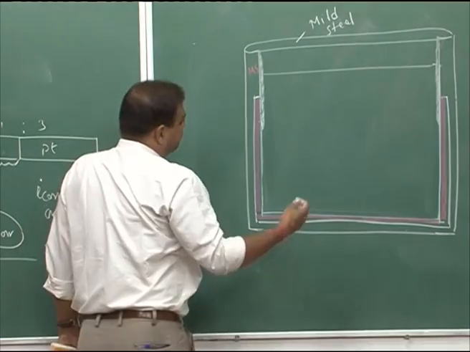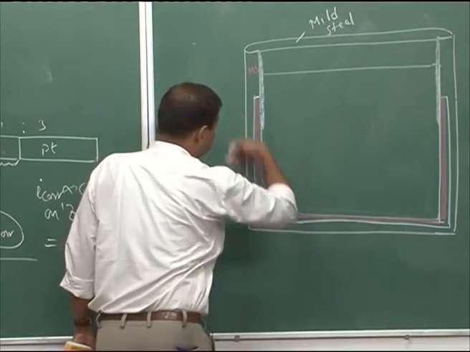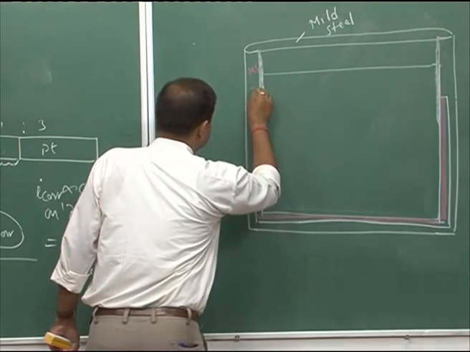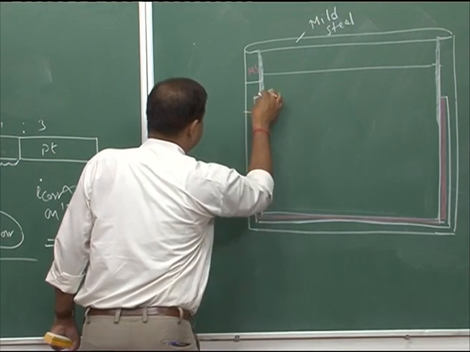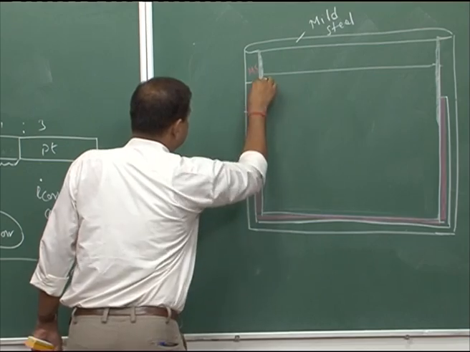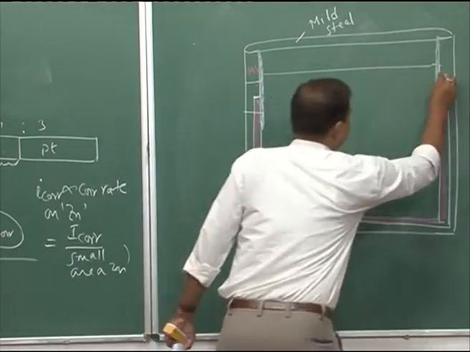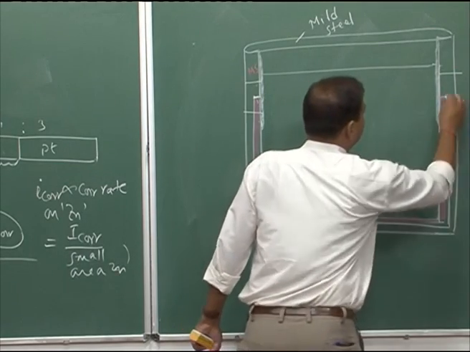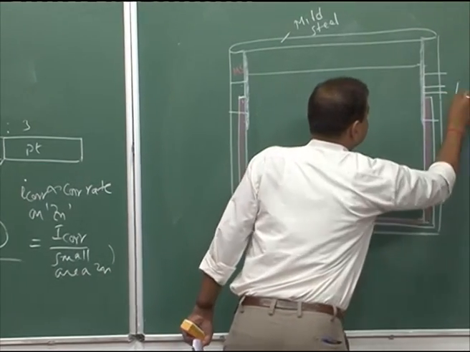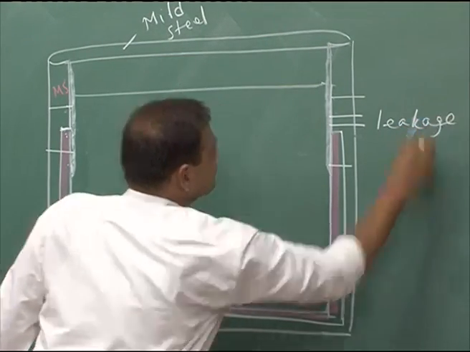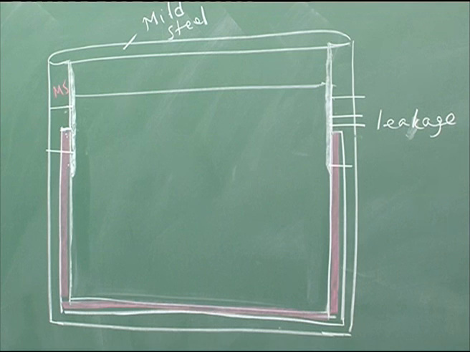After maybe a few months, whereas previously this used to operate for more than 10 years, the joint section where we have the mild steel and stainless steel joint has a possibility of leakage. Why should it happen? And every time we have this situation.